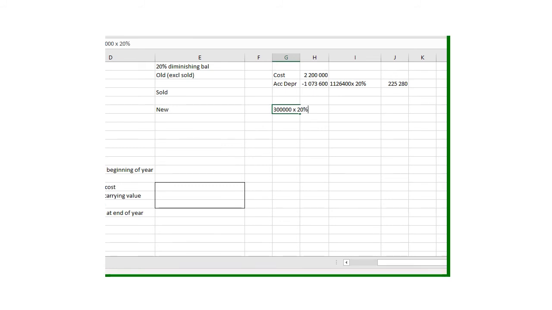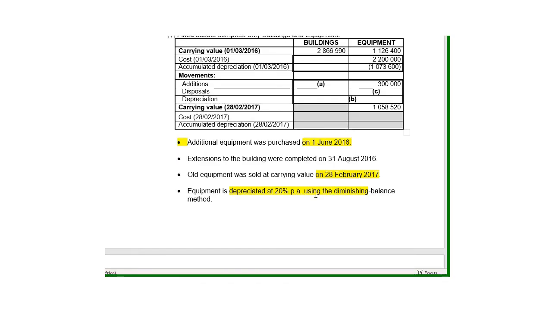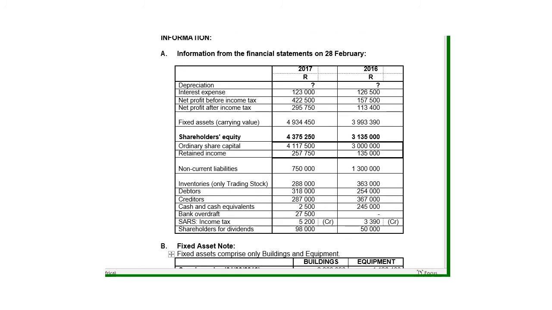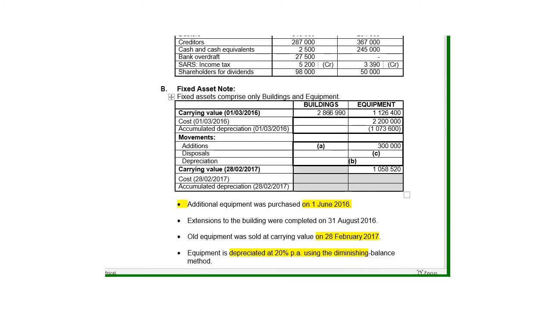With new, there won't be accumulated depreciation yet, so I simply take whatever the cost is, multiplied by the percentage, but very important: with new, it would normally be that they bought it sometime during the year. And here they tell me it was purchased on the 1st of June. My year end is 28 February. So I had it from the 1st of June till the 28th of February. So I had it for June, July, August, September, October, November, December, January, February, 9 months.